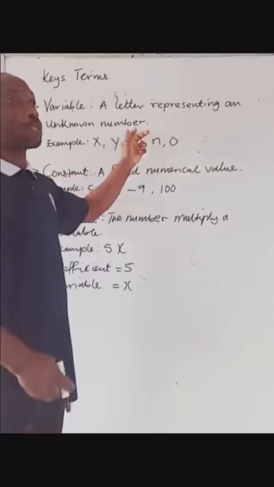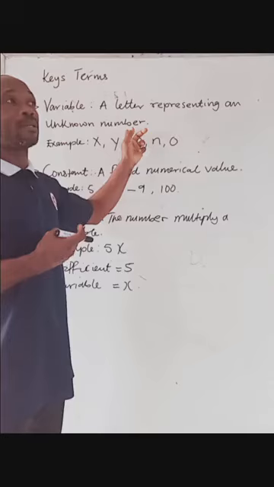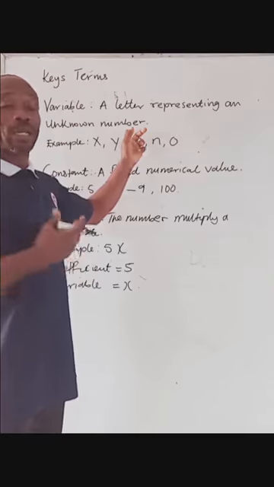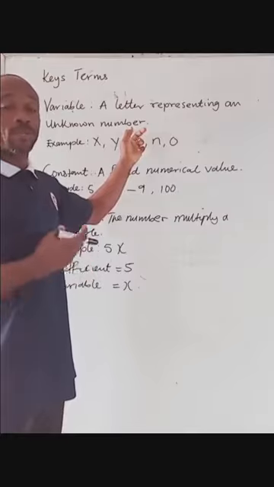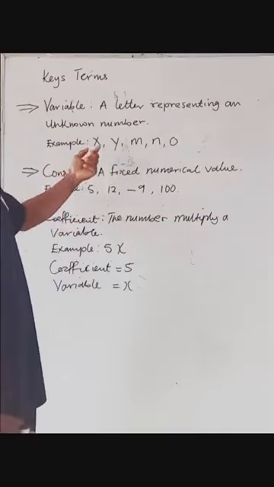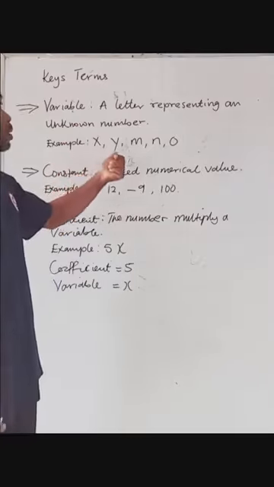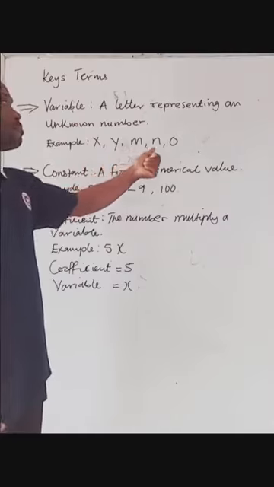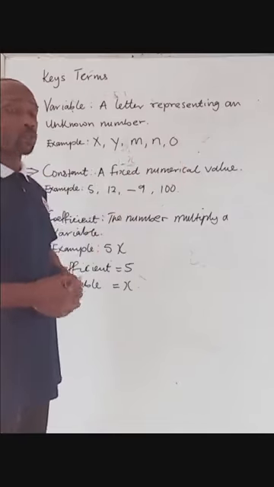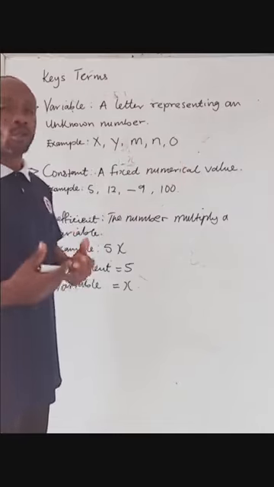So when you see a letter in an algebraic expression, that letter is a variable. It represents an unknown number. Examples of variables: letters like x, y, m, n, o. In any algebraic expression, they represent unknown numbers.